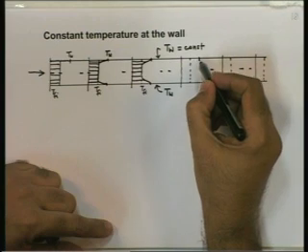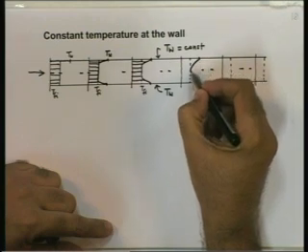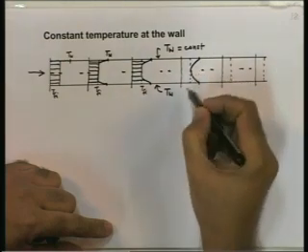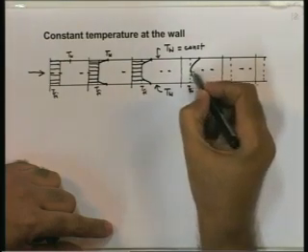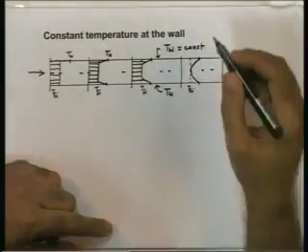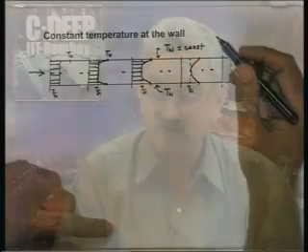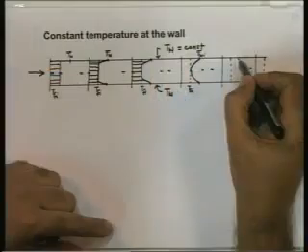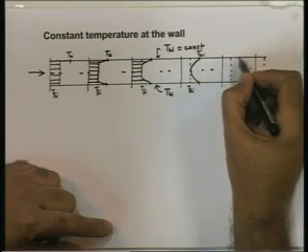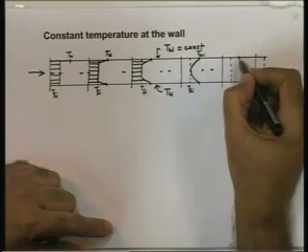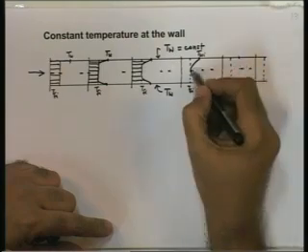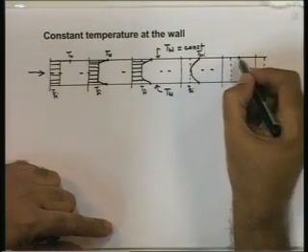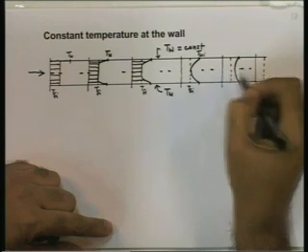After some distance, maybe the effect would have been complete all over the diameter of the tube. Maybe just at the center, the lamina would remain at a temperature of Tfi. Beyond that, even this layer would get heated. We will get a profile like this.